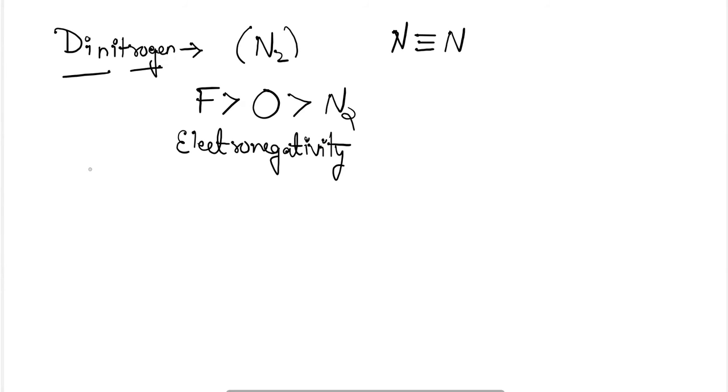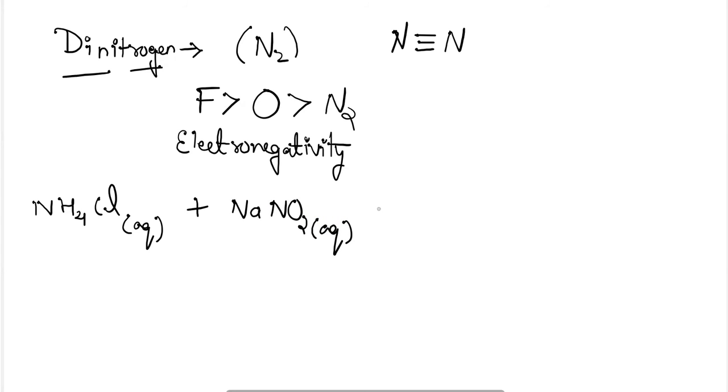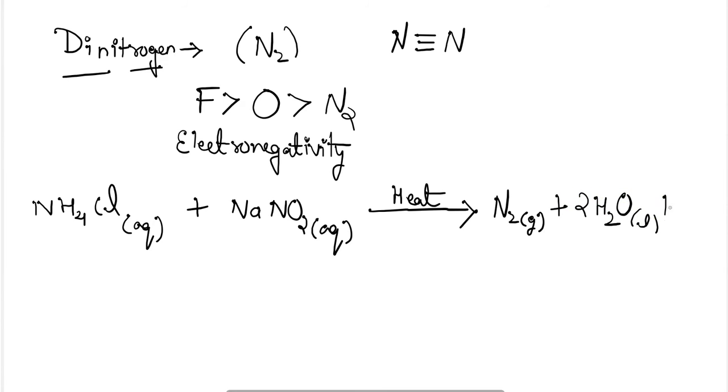Next, how we can prepare dinitrogen in the laboratory. In the laboratory, we can prepare it by NH4Cl in aqueous state plus NaNO2 in aqueous state. Heating them, we produce N2 gas plus 2H2O plus NaCl aqueous.